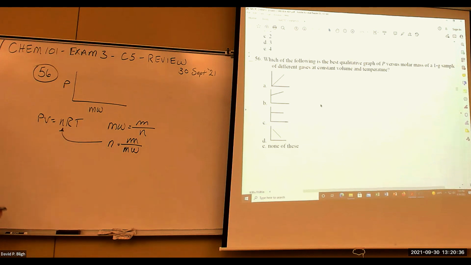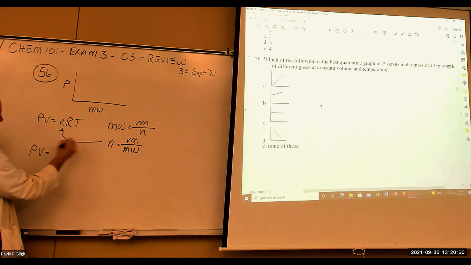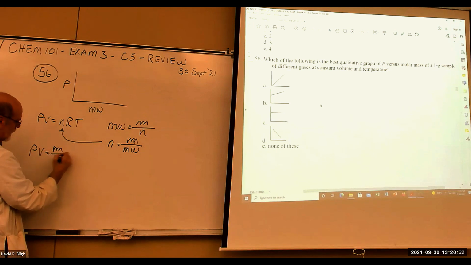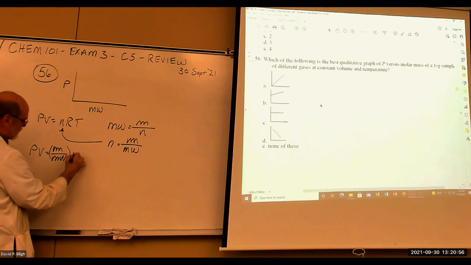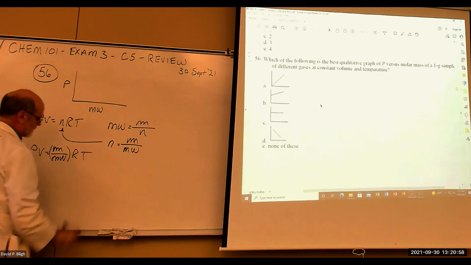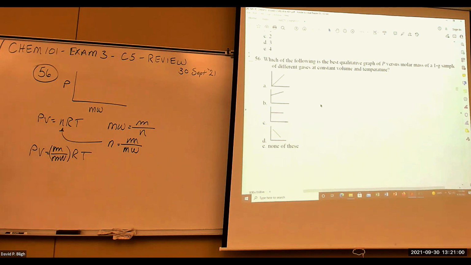We'll end up in the same place. Kind of like solving simultaneous equations in algebra, right? Where you have 2 equations and 2 unknowns. Okay. So if we plug that in here, what do we get? We get PV equals mass divided by molecular weight, times R times T. Okay, that's our combined equation.